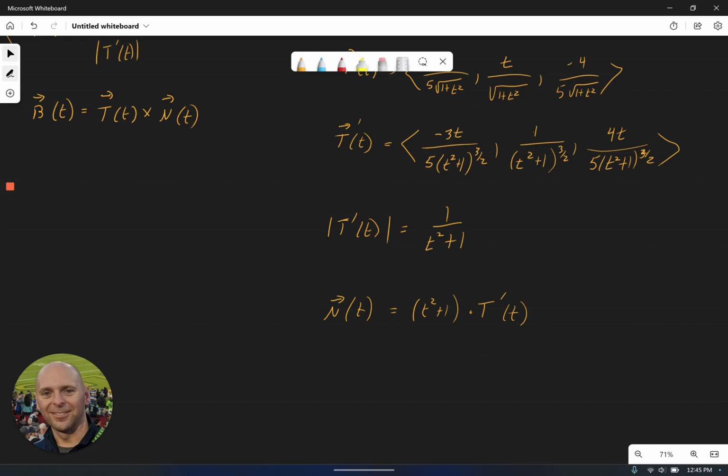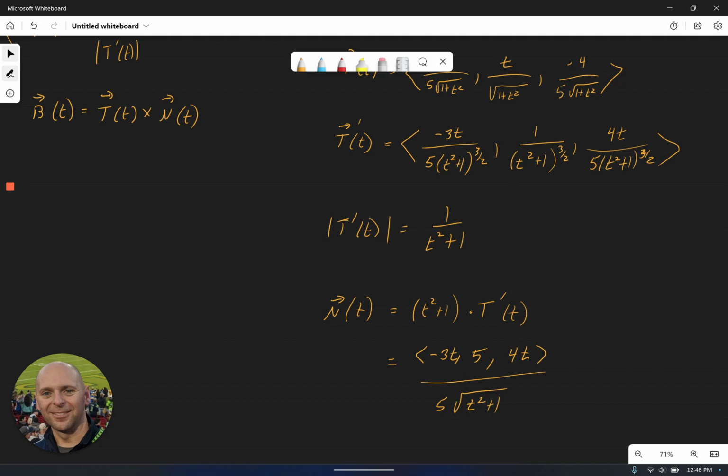Here's one way we could write this out. It's not the only way, but it is a way to do it. We could have the vector negative 3t, 5, and 4t, and divide that vector then by 5 square root t squared plus 1. So this can represent a way to write this out.